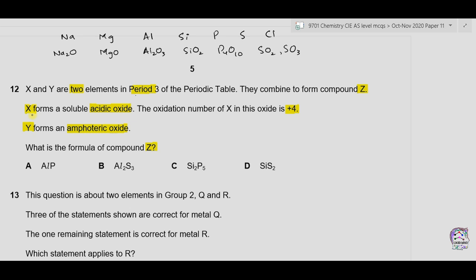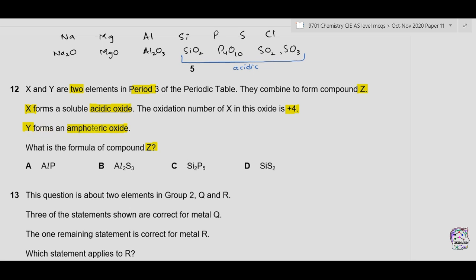In the question they have stated that X forms a soluble acidic oxide. Now we know that non-metal oxides are acidic in nature, so it could be silicon dioxide, phosphorus oxide, or the oxides of sulfur, as these are acidic in nature.